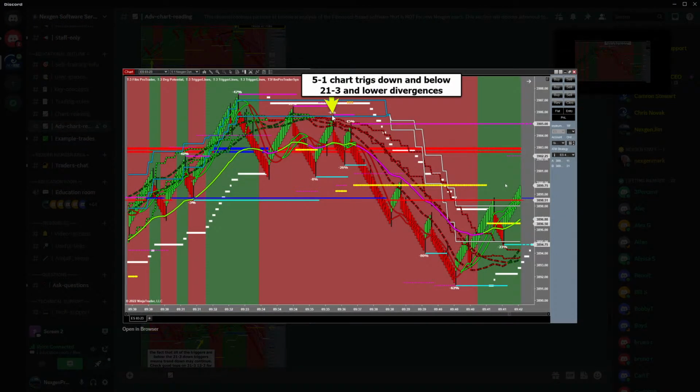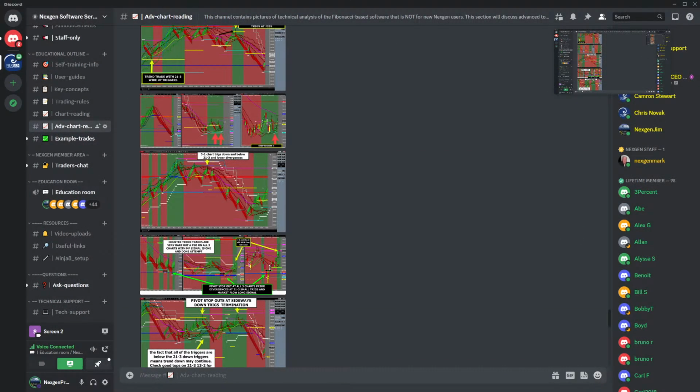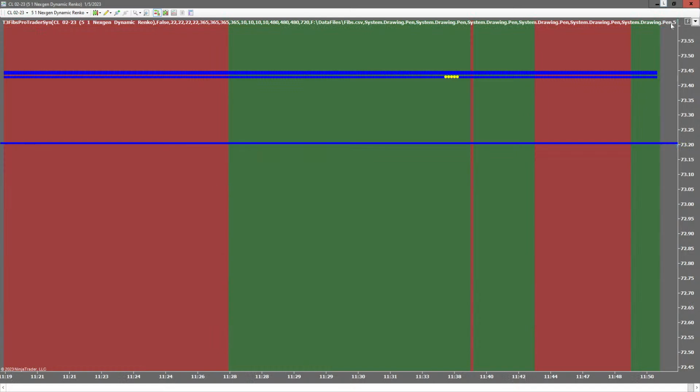And you'll see either pivot stop outs or lower divergences or large triggers starting to roll at or below them, and the market does a really good job of turning around. When the large triggers don't roll below them, the market usually keeps going. But anyway, you guys may want to go study a couple of those and just have some fun with that.